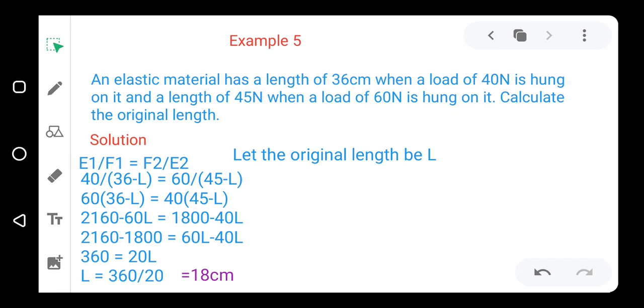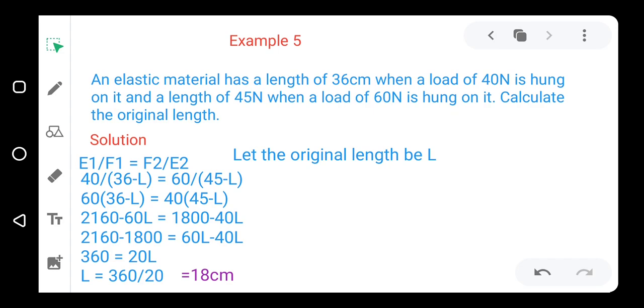We don't know it. If we already knew the original length of the material, we could get any other thing easily. But now we don't know the original length, which means that we don't even know the extension at all. We don't know the value of any of the extensions.